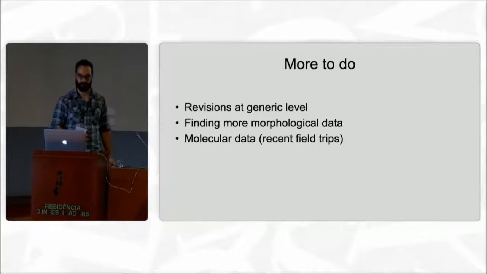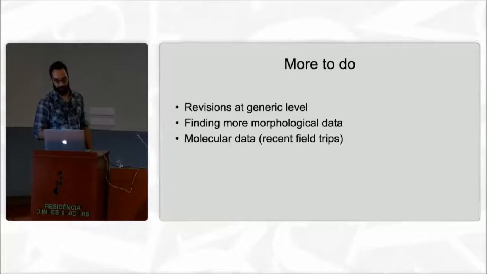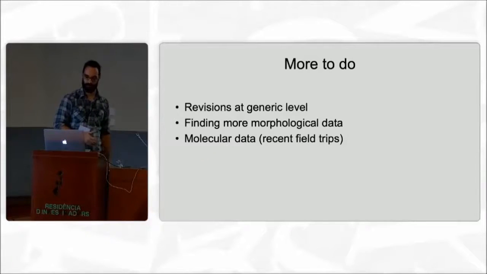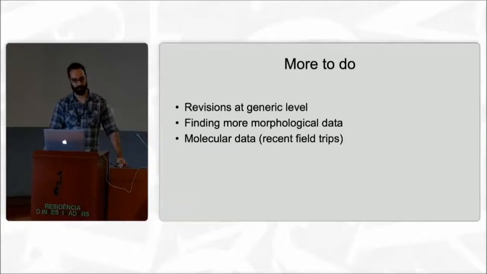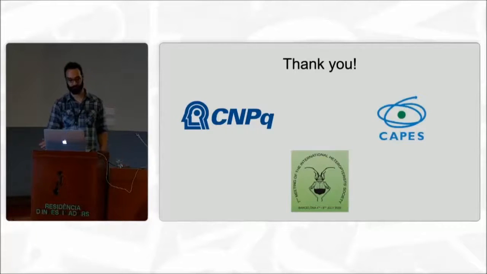Like I said, we have to revise at generic level, find more morphological data, and with the field trips we also collect in alcohol, so we can access molecular data, and hopefully soon we will have more to share. And thank you all.